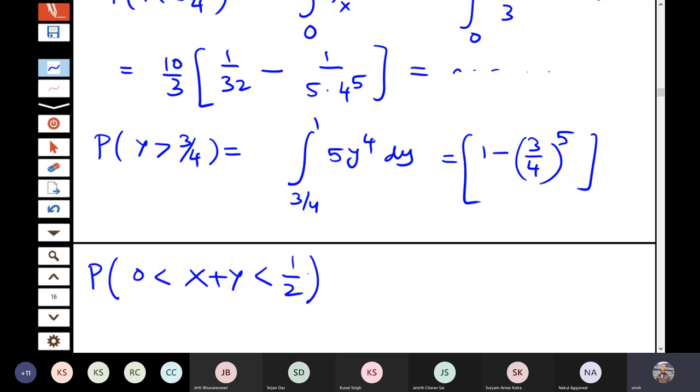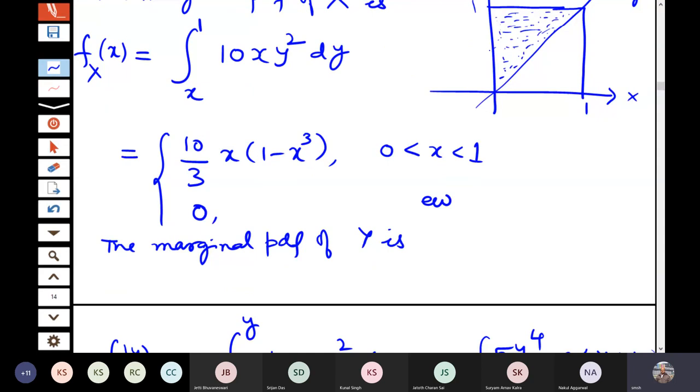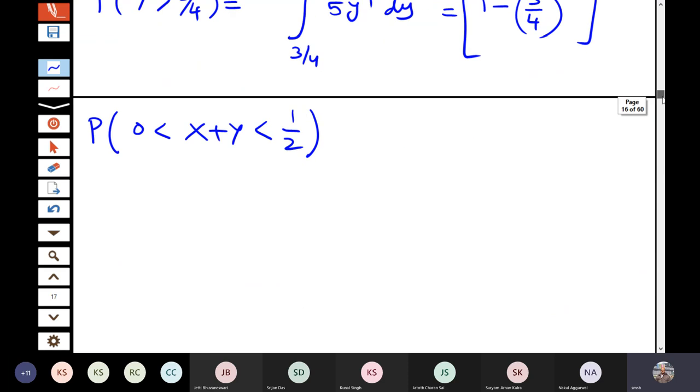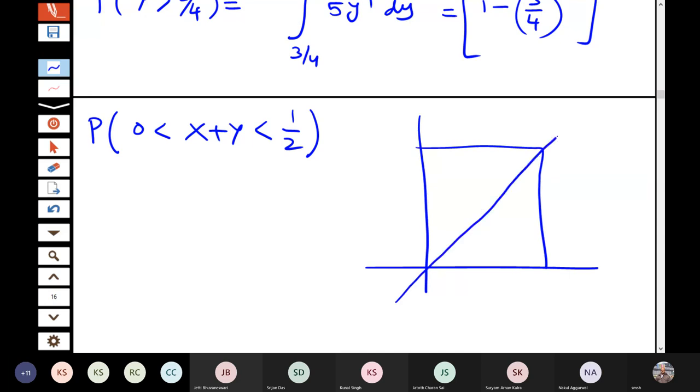See, what is the region here? See, x less than y. This is the region of the density. So in that region, here I put x plus y less than half. So, what will be that?